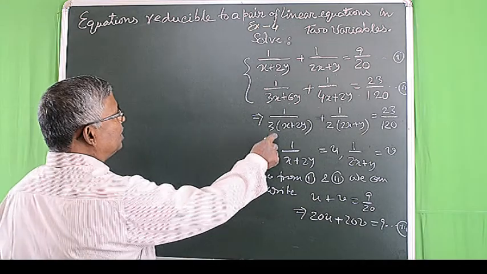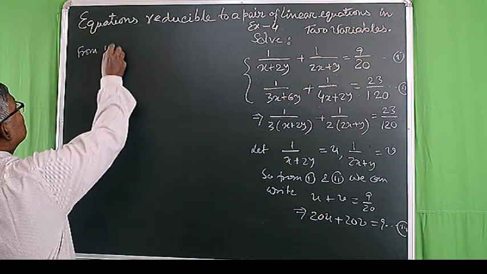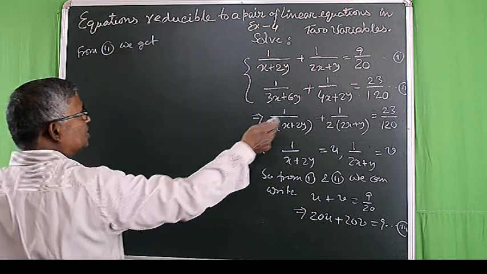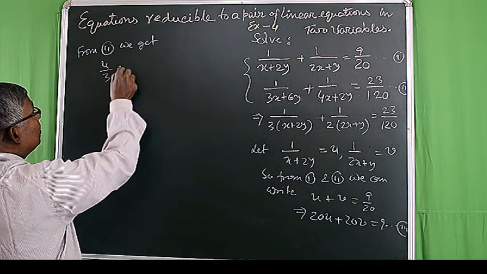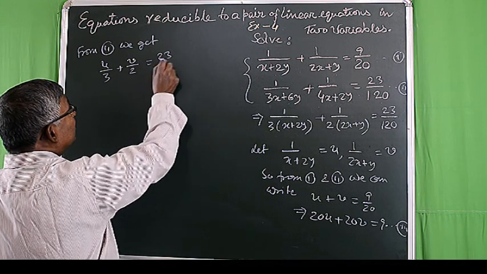Students, from equation number 2 we can write u by 3 plus v by 2 equal to 23 by 120.